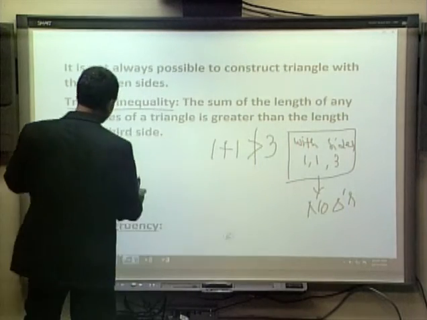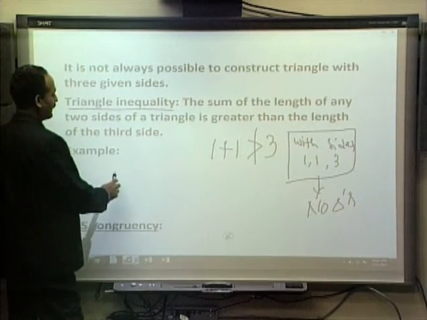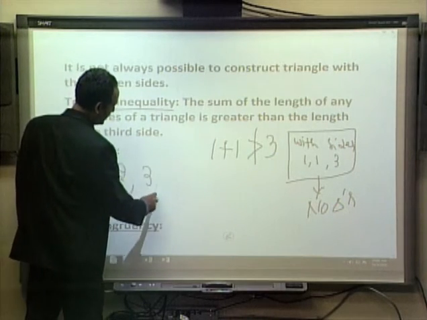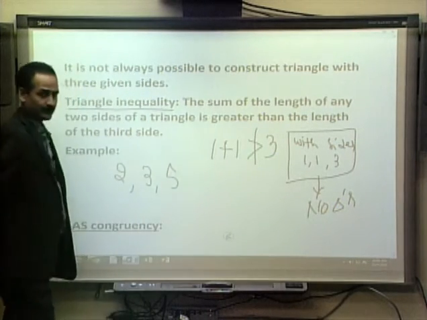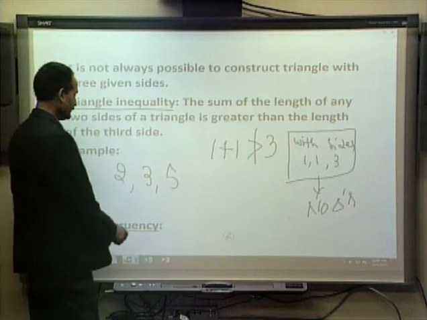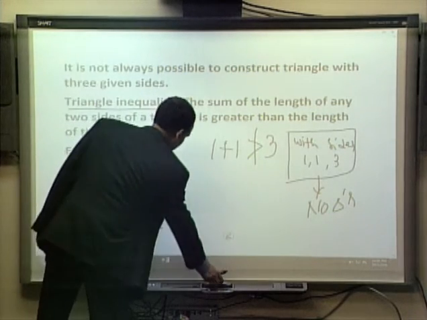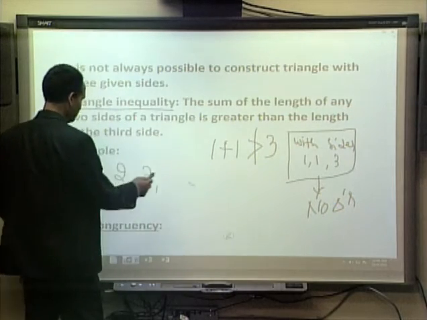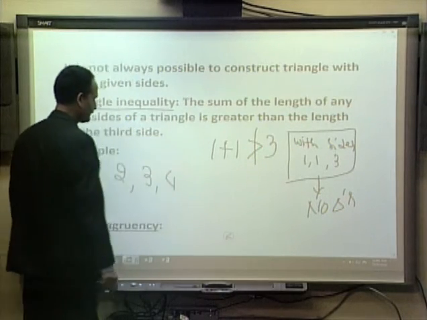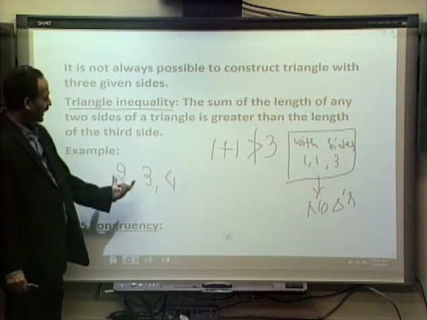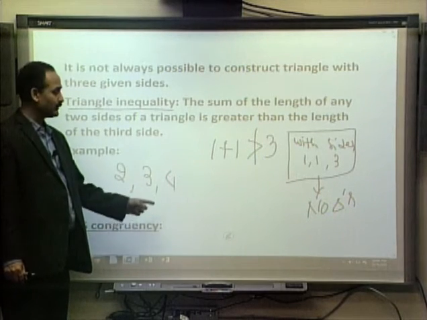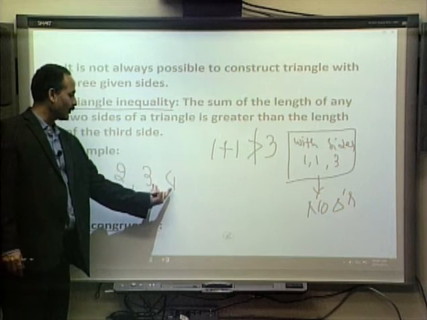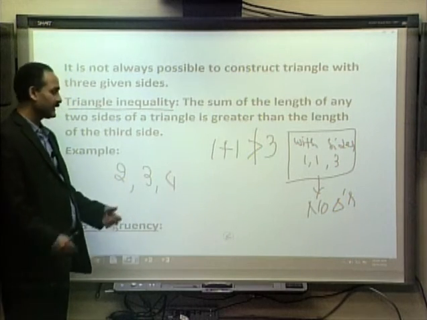However, we can construct a triangle with, let us say, sides 2, 3 and 4. Then if we add 2 and 3, we get 5, which is bigger than 4, good. If we add 3 and 4, we get 7, which is bigger than 2, good.